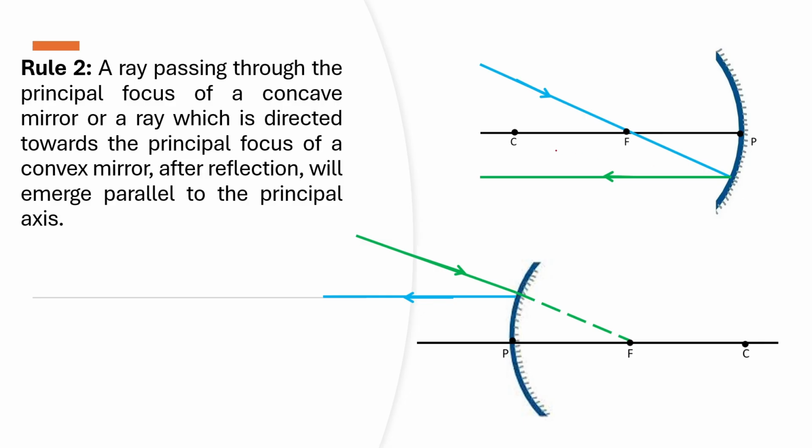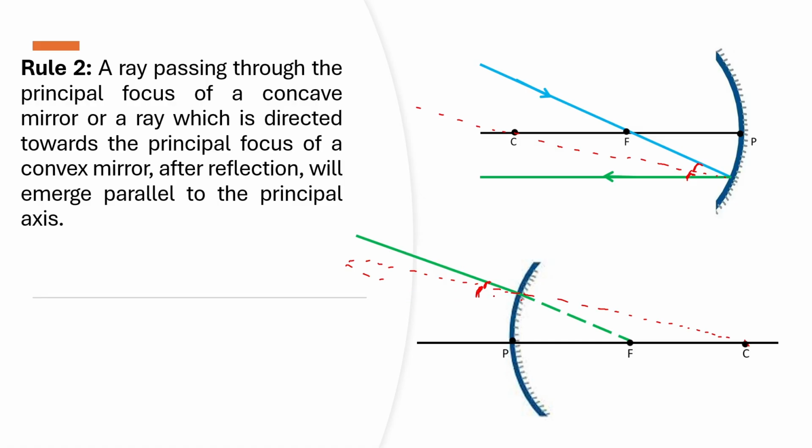How will we draw the normal here? Yes, it should pass through the center of curvature. So this angle and this angle must be equal. The same is applicable here also. It should pass through, sorry, I'm not able to draw, the center of curvature. So the center of curvature acts as the normal. So the angle of incidence and angle of reflection must be equal.